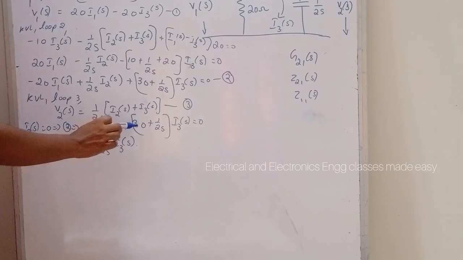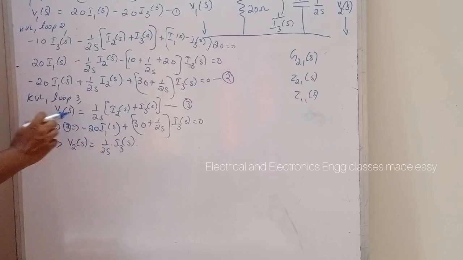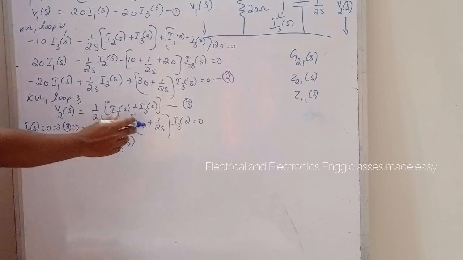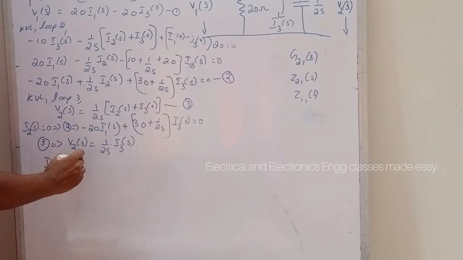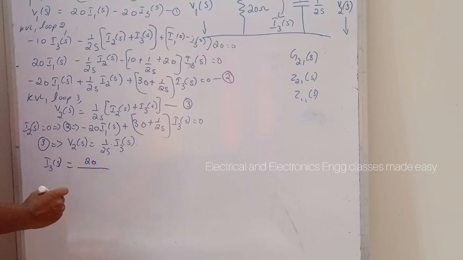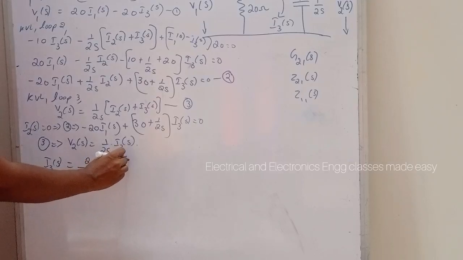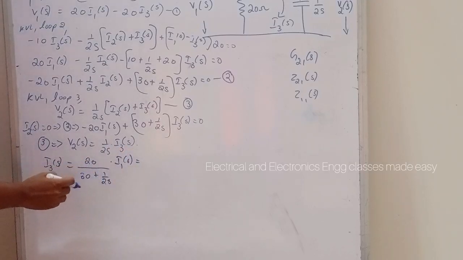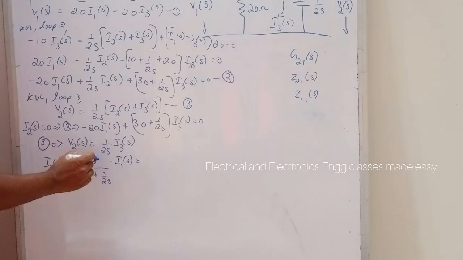Now from this equation we can find the value of I3(s) in terms of I1(s). That is, from this one we can write I3(s) is equal to 20 divided by 30 plus 1 by 2s into I1(s), and that is equal to, taking the LCM, we will get here 2s, and that will be in the numerator.